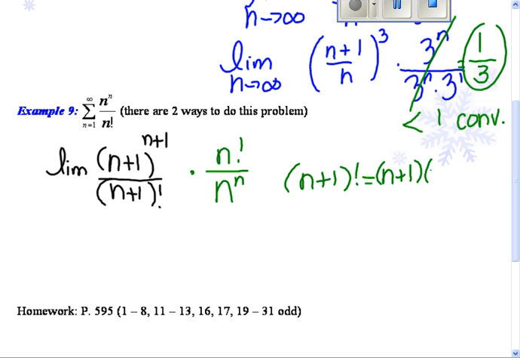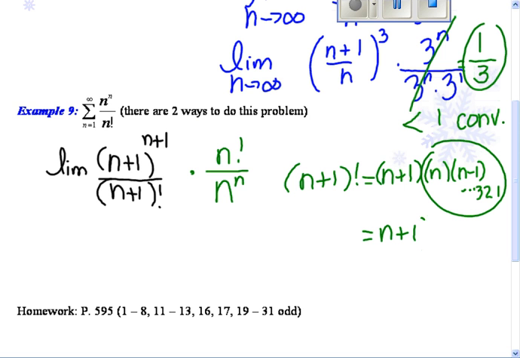N plus 1 times n minus 1, 3, 2, 1. So it's n plus 1 times what's this? No, n factorial. That's what a factorial is. 5 factorial is 5 times 4 times 3 times 2 times 1. So n factorial is n times n minus 1, n minus 2, times 3 times 2 times 1.